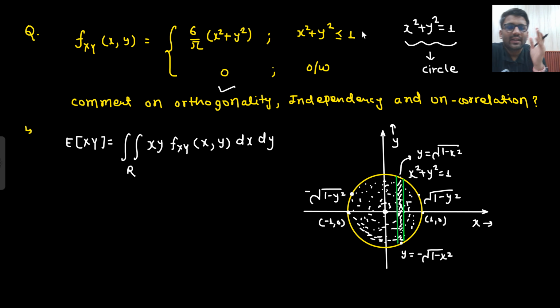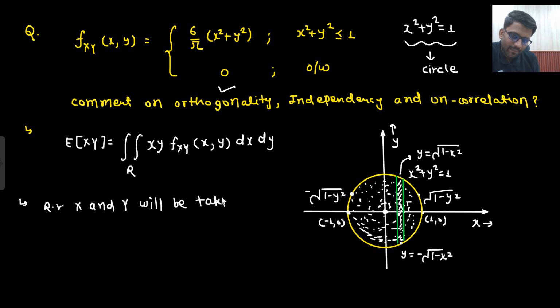That means random variables x and y will be taking values such that x square plus y square should remain less than or equal to 1.